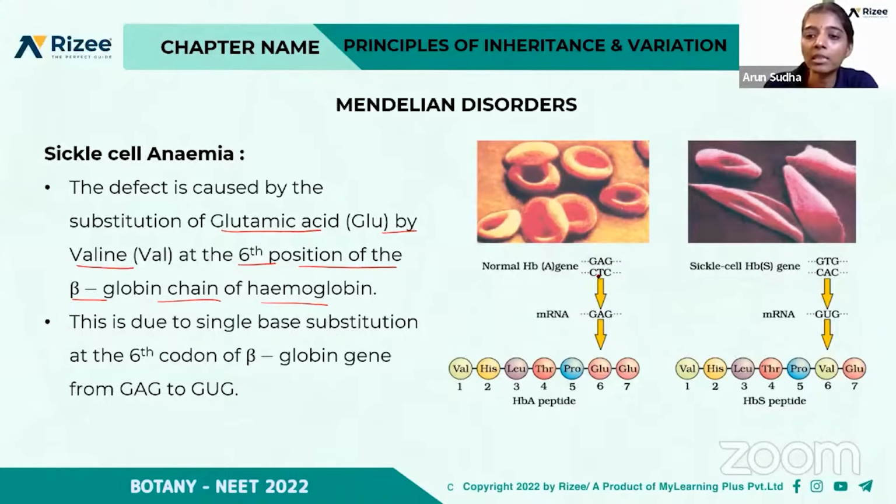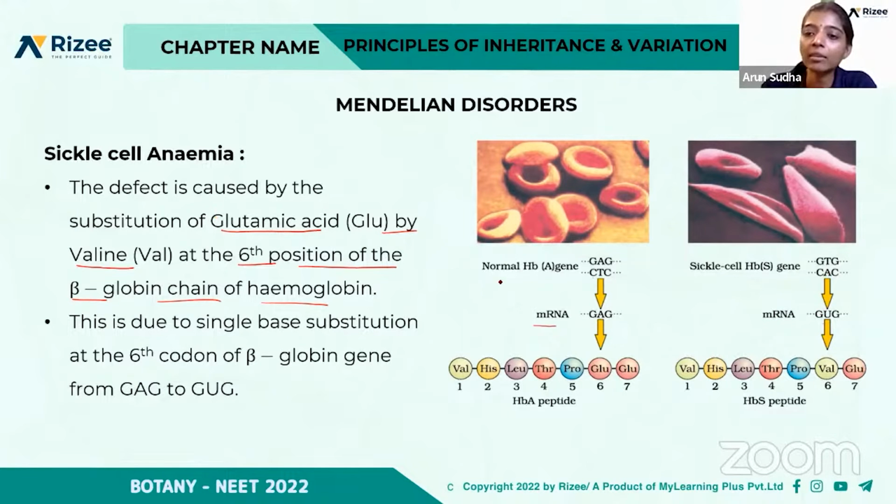The genes here are C, T, C, and here it is C, A, G. The mRNA has the corresponding complementary bases, right? So G, A, G is the sequence in the mRNA. Here it is G, U, G.